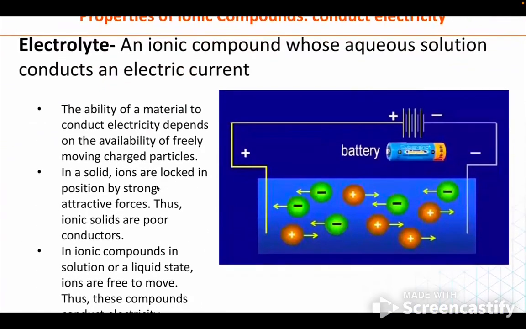This is just a new term. We know from our lab, and we just talked about it now, that ionic compounds, if they're in aqueous solution, if they're soluble, are going to be able to conduct electricity. We call that ionic compound an electrolyte. So in this picture, the ions, when they're soluble in water, are going to be loose and able to move about.